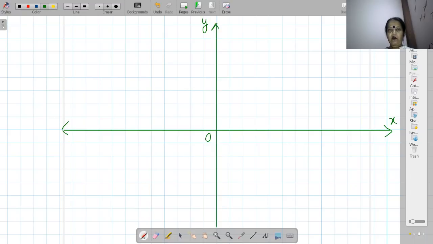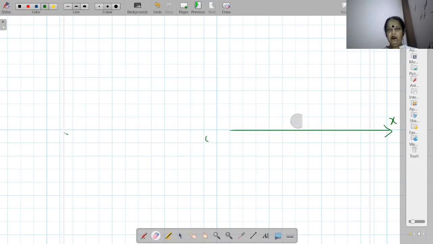So we will use the bigger side. Since we have to plot only the first quadrant, we will take the first quadrant in a larger way.